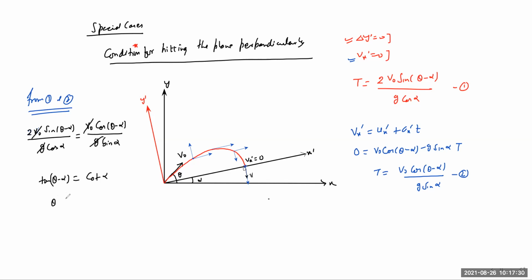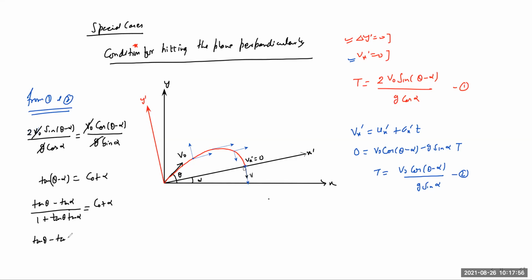There are two ways of writing it. You can say theta minus alpha is pi by 2 minus alpha, but this is not possible. The other way of doing is we can write as tan theta minus tan alpha upon 1 plus tan theta into tan alpha equals cot alpha. And then what we can add from here?